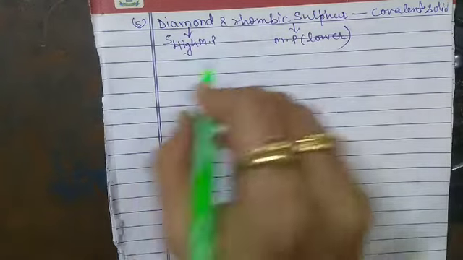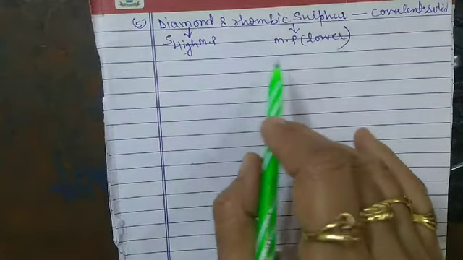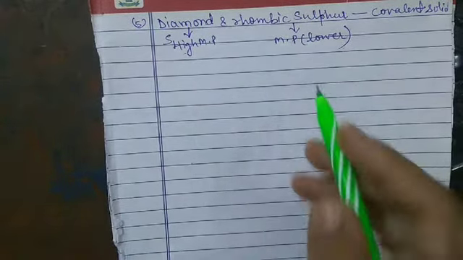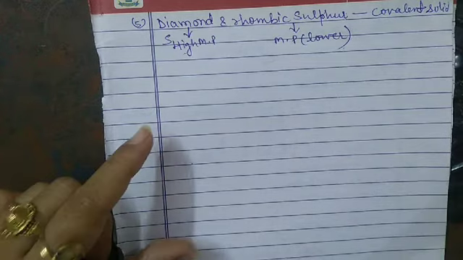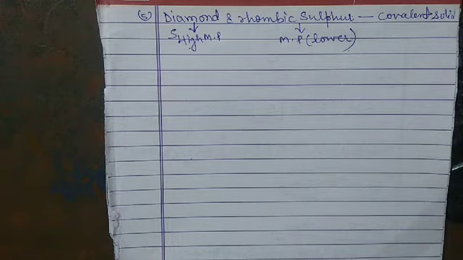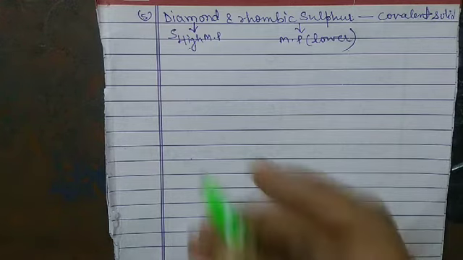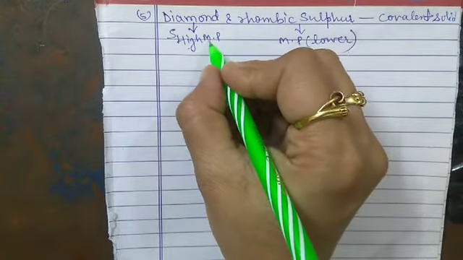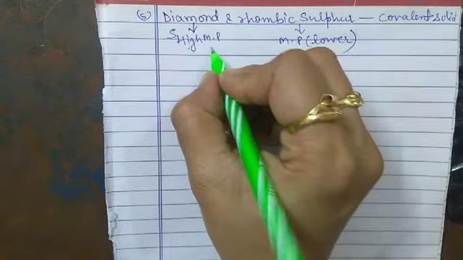The main reason behind the difference in their melting points is that the diamond has a three-dimensional covalent structure. So in case of the diamond, the strong interatomic force is present.